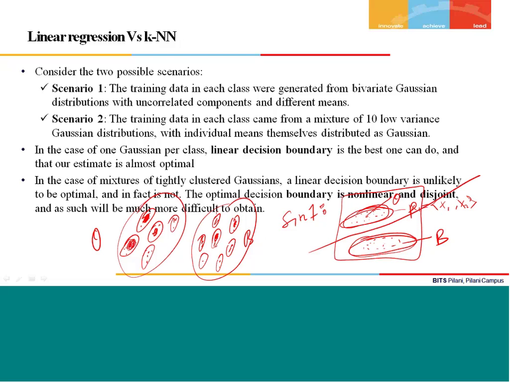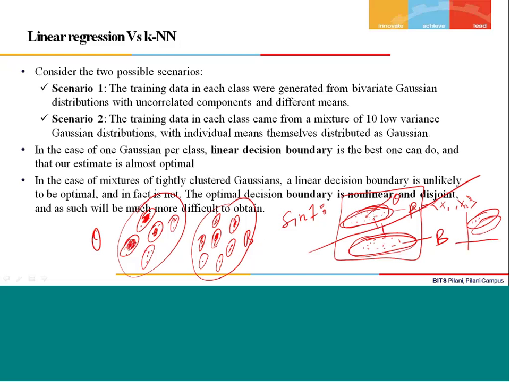But if these are two Gaussian mixture models and they are overlapping, it could happen. In this case, I drew them differently, but what could be the case? Let's say they could overlap also. This is the first Gaussian mixture model and this is the second. Now they are not overlapping.